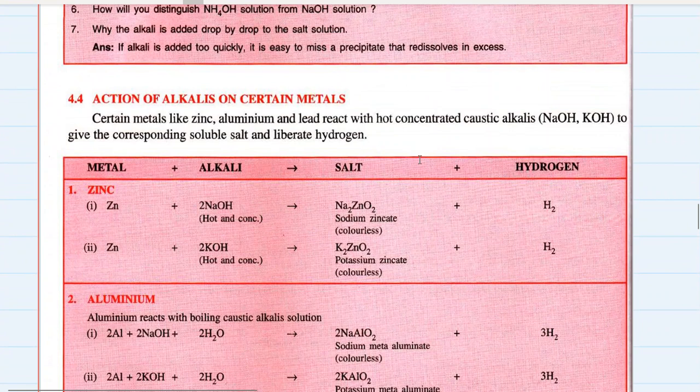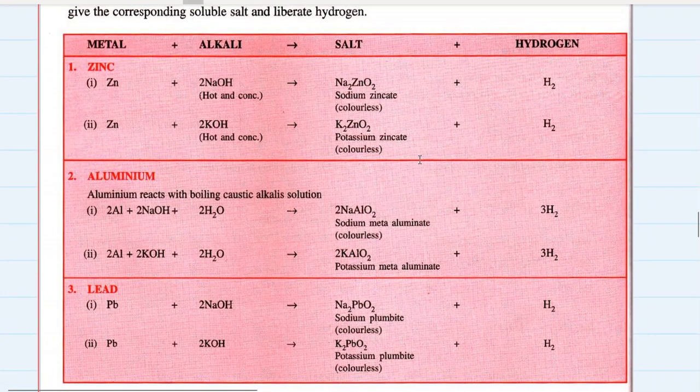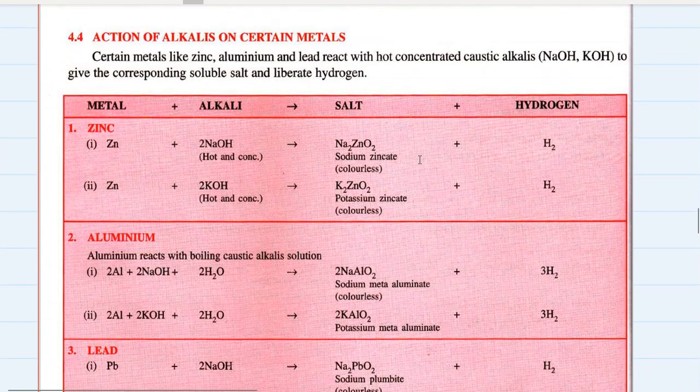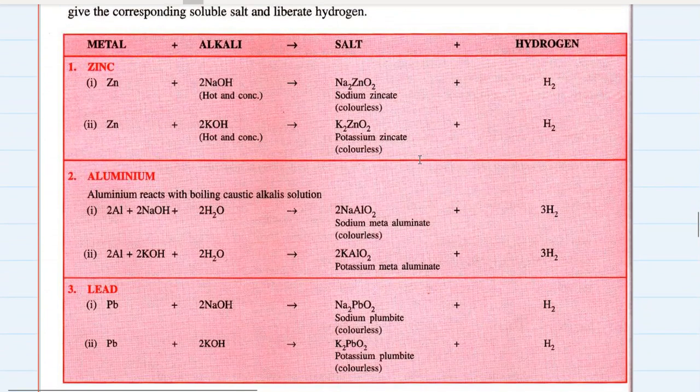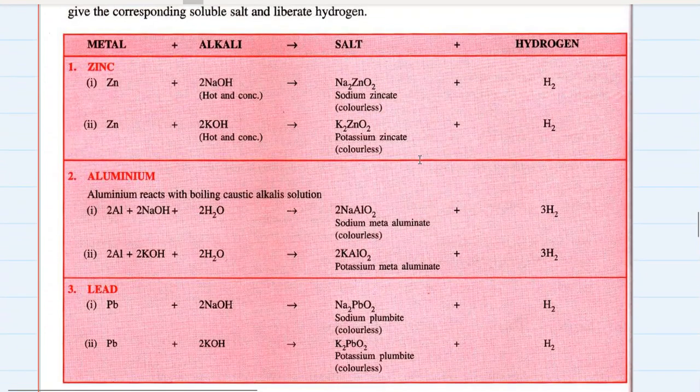For example, generally, when these alkalis react with zinc, aluminum, and lead, they form complex salts, double salts you can say, like sodium zincate, potassium zincate, that is Na2ZnO2, K2ZnO2, sodium aluminate, potassium aluminate, sodium plumbite, potassium plumbite, with their characteristic colorless appearance, and hydrogen gas is evolved.